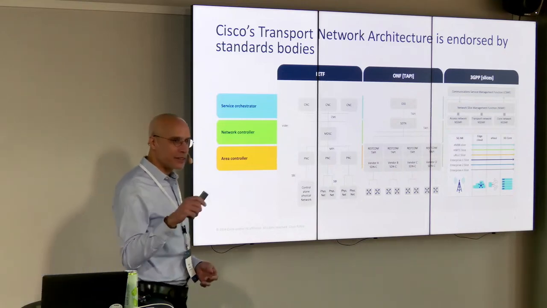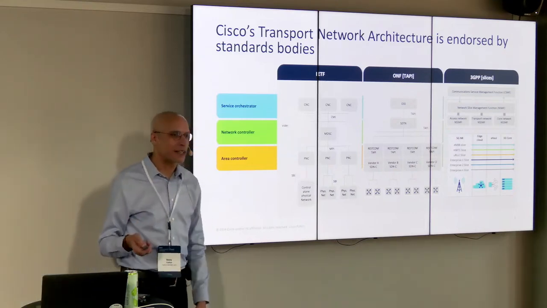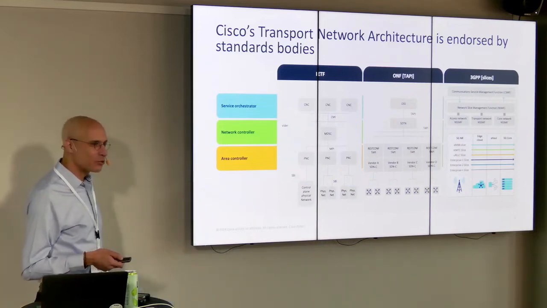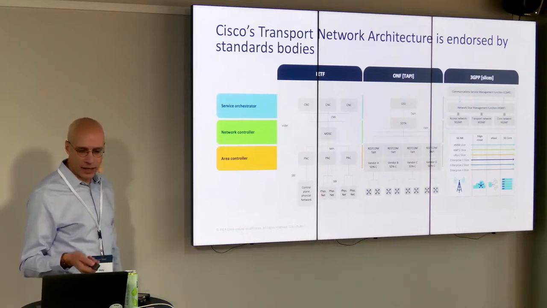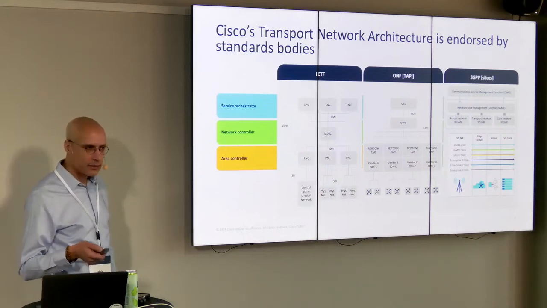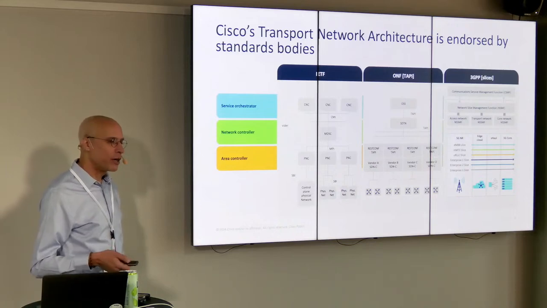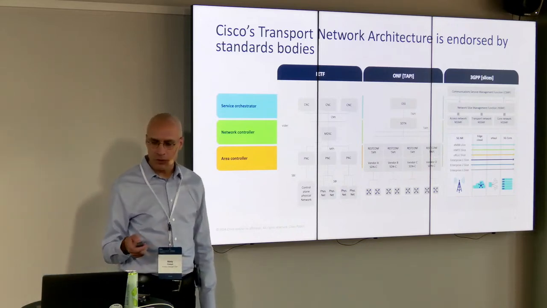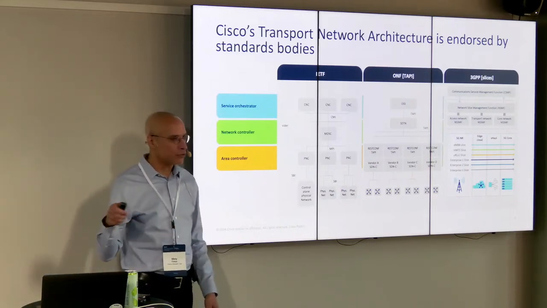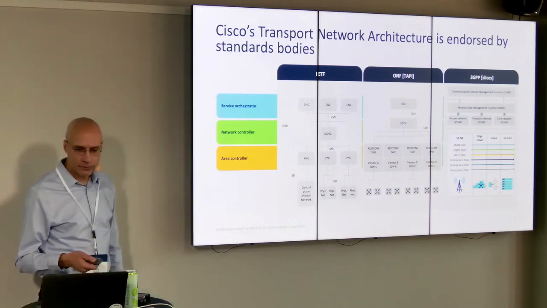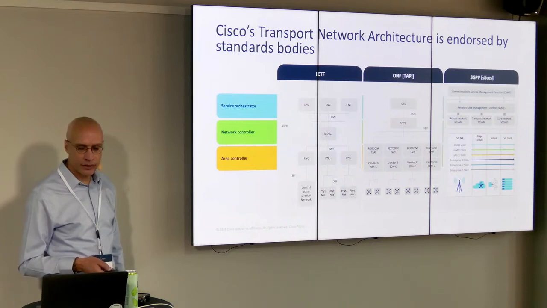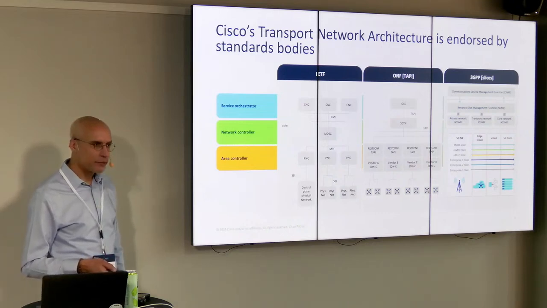You can see the CNC on top, the customer network controller, meaning the service orchestrators or the OSSs, and the MDSC, what we call the HCO. It is a centralized point connected to all the domain controller entities, which are actually controllers. And you can see the same for the ONF TAPI.